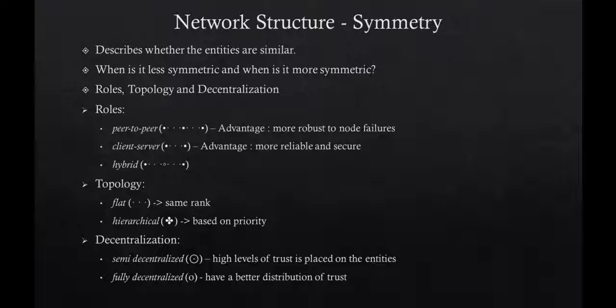Symmetry. Symmetry describes whether the entities participating in the network are similar, or if they can take different roles and responsibilities for routing the data throughout the network. An anonymity system is more symmetric when all the participating elements have similar roles and responsibilities.